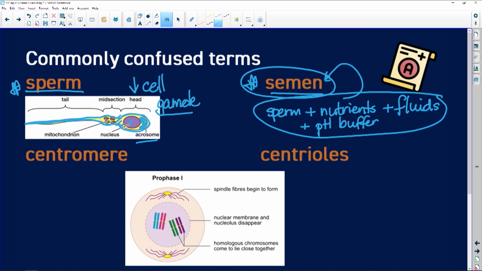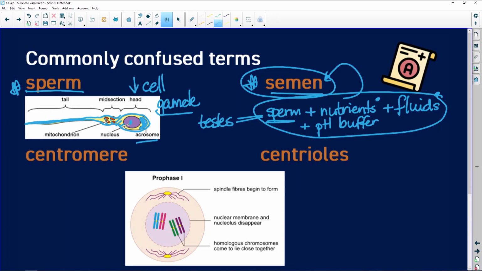Where did those things come from? Well, the sperm came directly from the testes. The sperm was produced in the seminiferous tubules in the testes, and when the sperm moved through the vas deferens, it collected nutrients, other fluids, lubricating fluids, and things that help the pH to be controlled, or the levels of acidity.